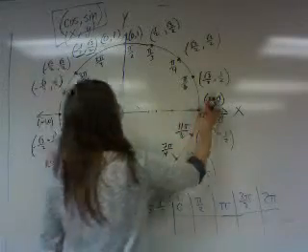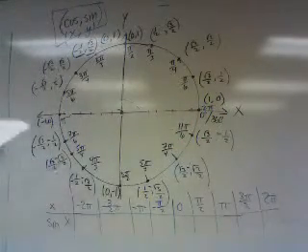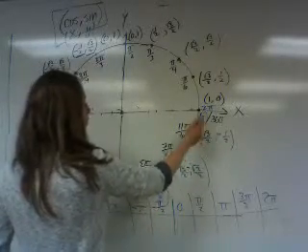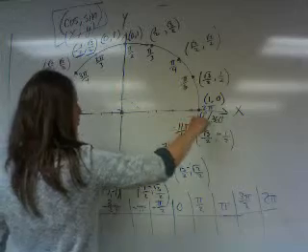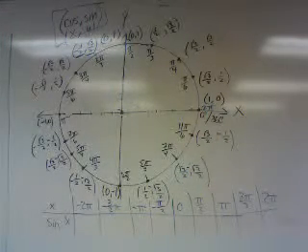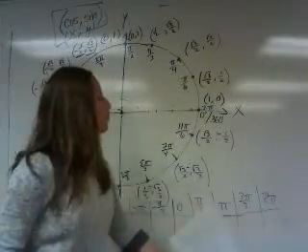We should write 2 pi here. I don't know why we didn't write 2 pi. So 2 pi is actually 360 degrees, so all the way around the circle is 360 degrees, which is also 2 pi. If you didn't know that, you could convert 360 degrees into radians and you should get 2 pi.